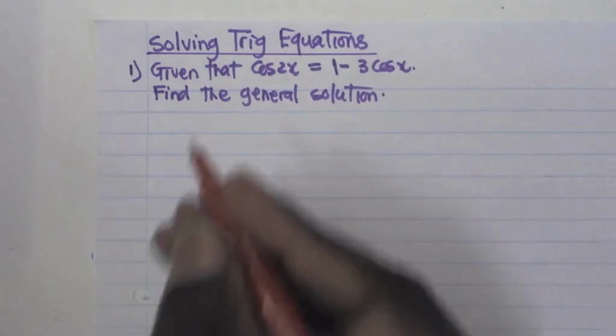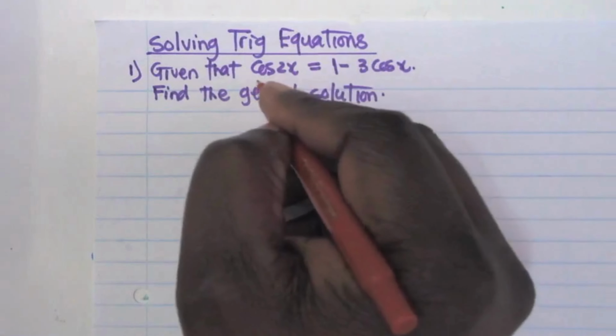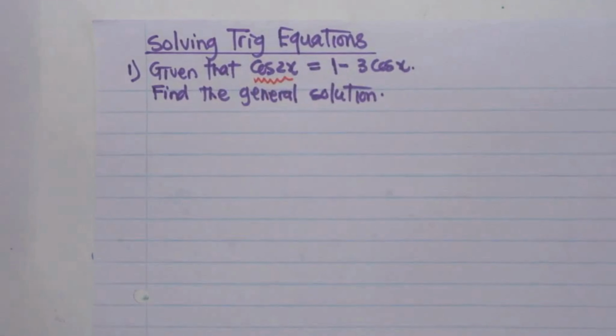If I look at the equation that I have here, I must put an identity here for cos 2x. And the identity that I must put here must be in terms of cos, because I have cos on the other side of the equation.